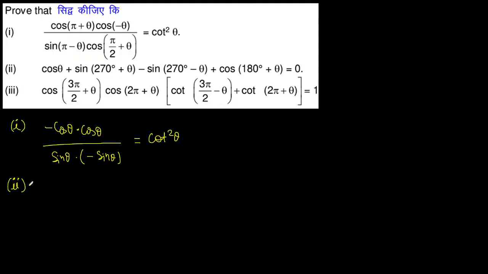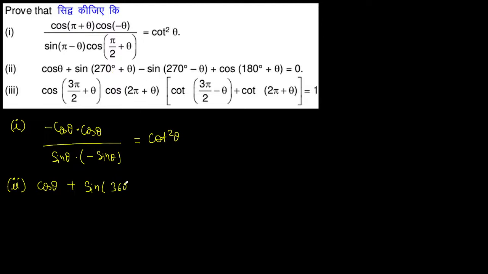Second number, cos theta is cos theta. Sin 270 plus theta. Sin 270 plus theta could be written as, we will add 90, subtract 90.